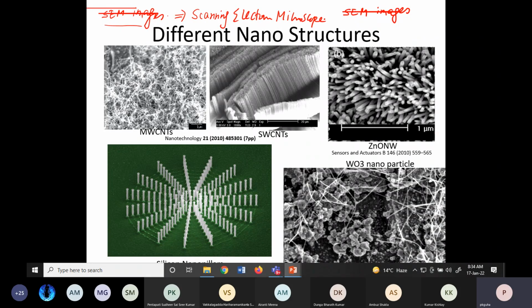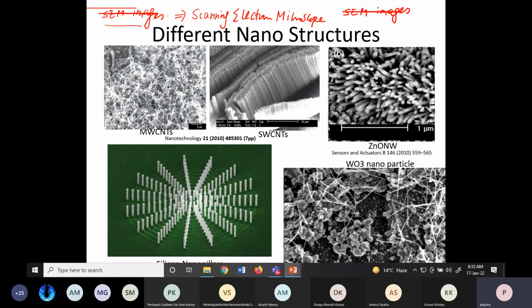You probably know about the optical microscope. Through an optical microscope, you can see small things. But the thing is, in an optical microscope we use visible light, and the wavelength of visible light is around 400 to 700 nanometer, because that's the visible range.